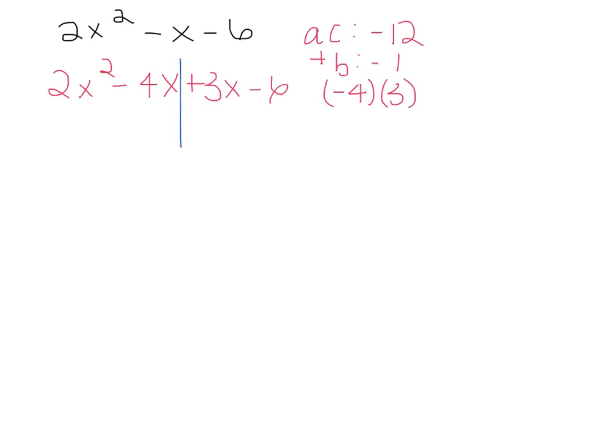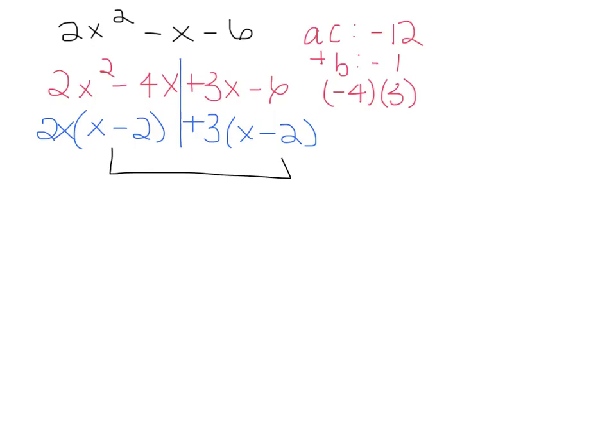So numbers that go into 2x squared and negative 4x are going to be a 2 and an x, which leaves you with x minus 2. Bring down the plus sign. Numbers that go into 3x and minus 6 are going to be 3, and that also leaves you with x minus 2. So this factors to x minus 2 times 2x plus 3.